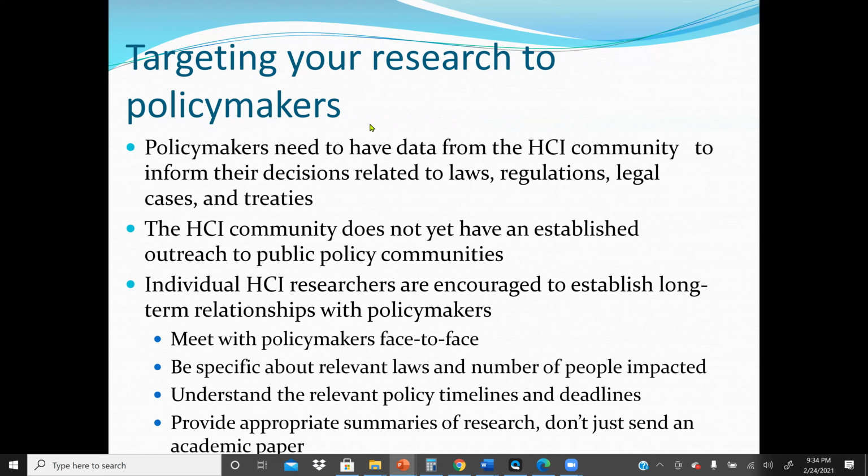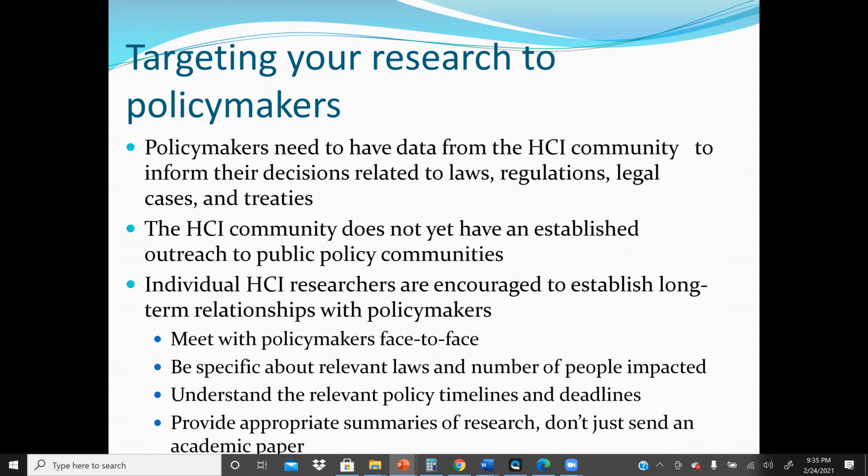Also, targeting research to policymakers. Policymakers also need data from the HCI community to inform their decisions related to laws, regulations, legal cases, and treaties. The HCI community does not yet have an established outreach to public policy communities.